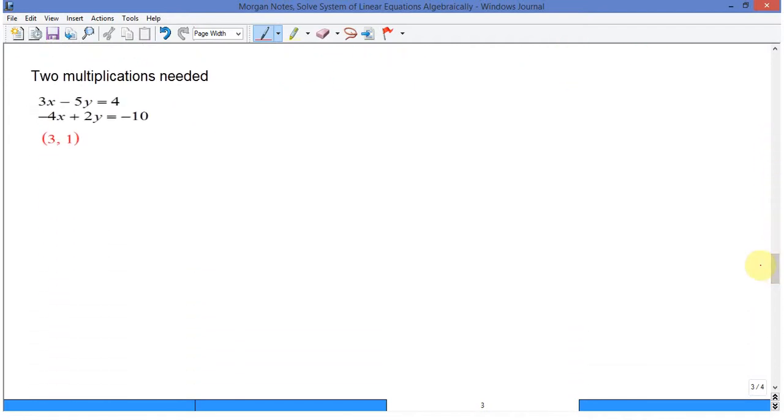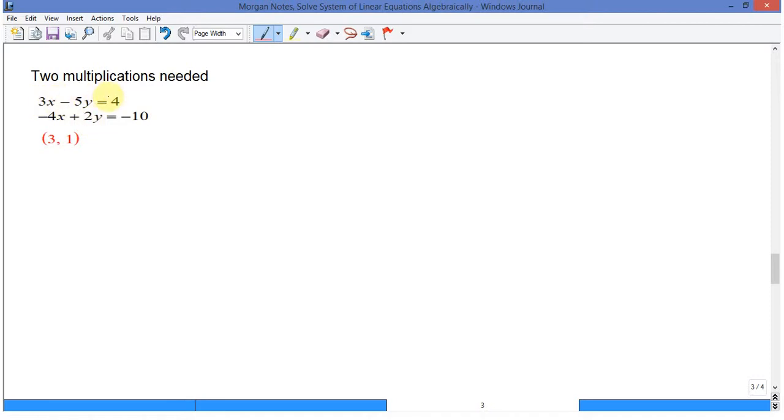Now we're getting a little more complicated here. You can see that from looking at the coefficients, 3 and negative 4, negative 5 and 2, there's nothing that I can do that's going to be really easy to get rid of the coefficients with just one multiplication step. So I'm going to have to multiply both equations by something. And it doesn't matter whether we try to get rid of the x's or the y's.